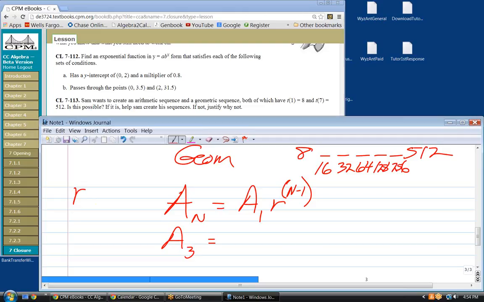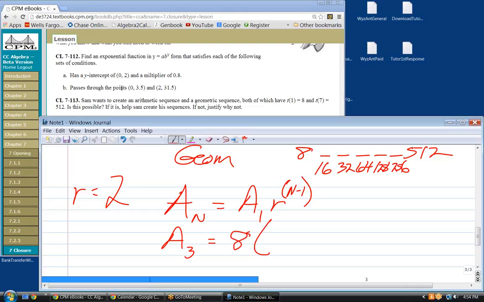If it's a geometric sequence, all of those are going to be the same number. So what is R here? 2. Uh-huh. So what is A sub 3 equal to? What's the first term? 8.